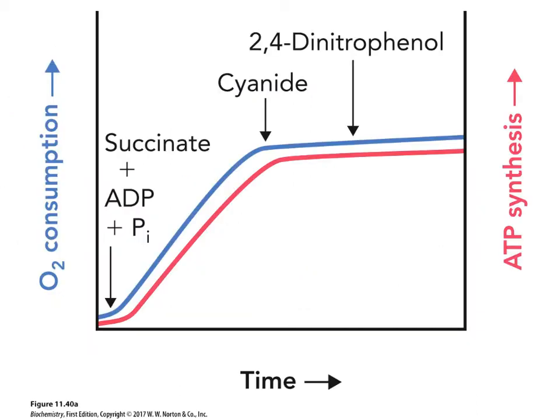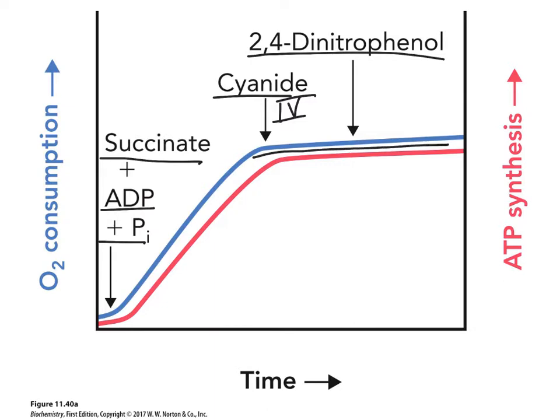Here in this slide, we're looking at the inhibitors cyanide and 2,4-dinitrophenol. Now, these are two different types of inhibitors. In our experiment, we have succinate and we have ADP and inorganic phosphate. So we have both an increase in O2 consumption and an increase in ATP synthesis. Cyanide is going to inhibit complex 4 of electron transport. So that is going to decrease oxygen consumption, and it will shut off ATP synthesis because we are no longer generating our proton gradient.